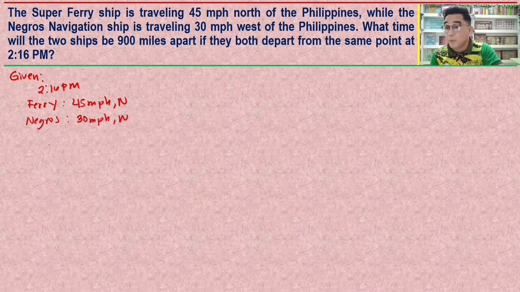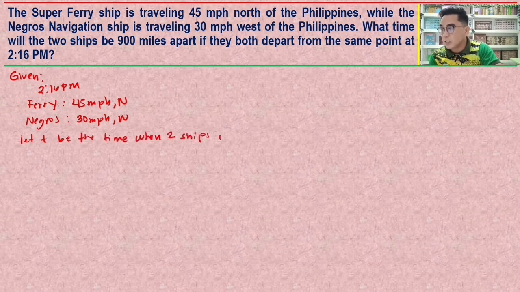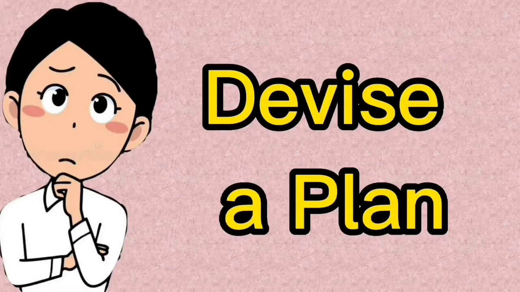In this problem, we are asked to find the time when these two ships will be 900 miles apart. So let t be the time when the two ships are 900 miles apart.